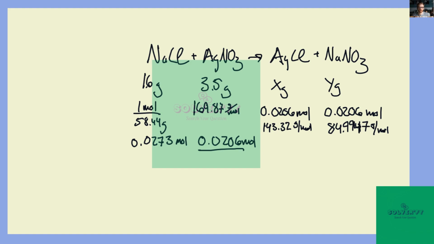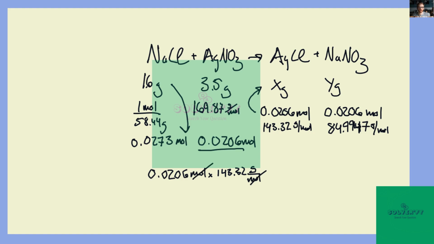Okay, now to go from grams to moles, we divide by the molecular weight. To go from moles to grams, we will multiply by the molecular weight. So grams of silver chloride is going to be 0.0206 mole times 143.32 grams per mole.